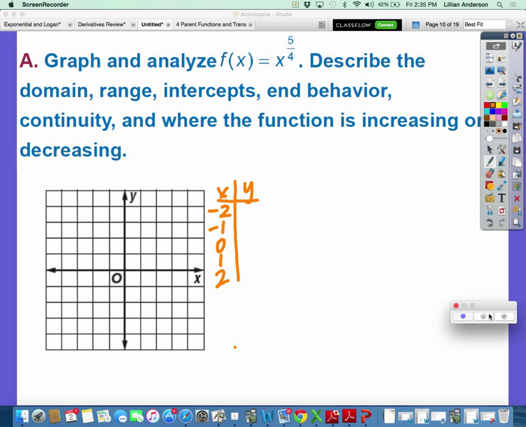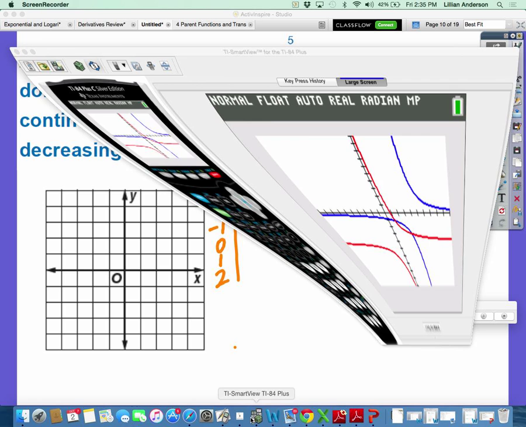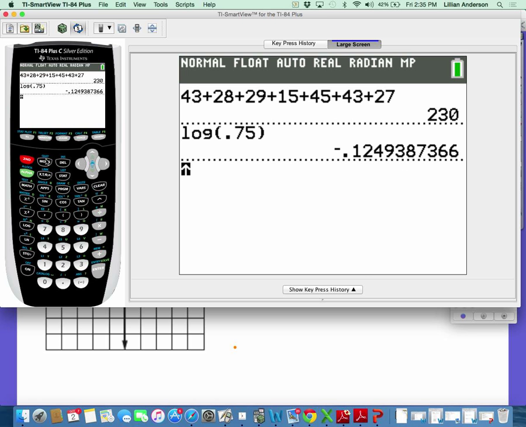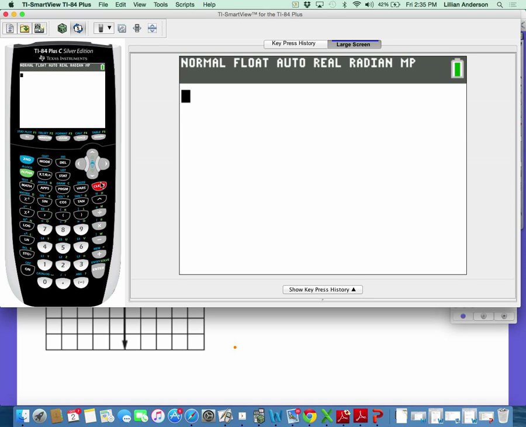When you looked at your -2, what'd you get? Oh, you did 2. Negative 2. Oh, -2. Okay. Put it in parentheses to the power 5 over 4, because you have to put the -2 in one.